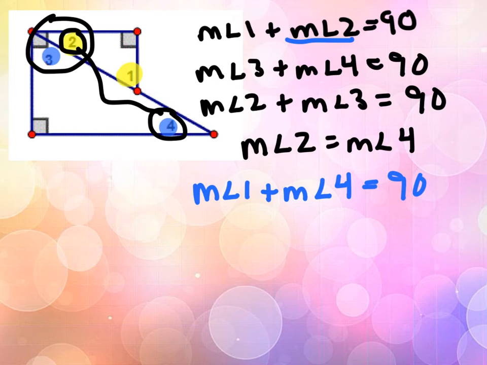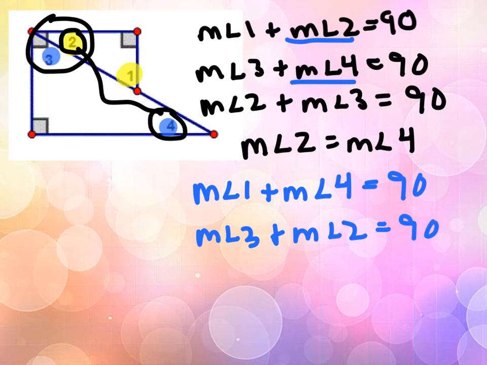I can also sub this one out and put a 2 in there, which would tell me that 3 and 2 equals 90.